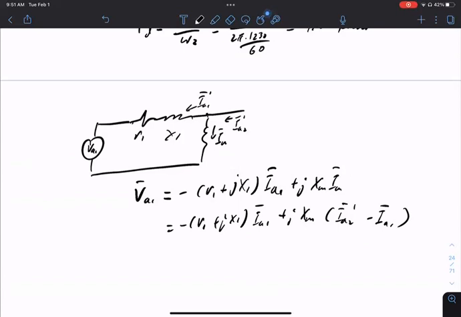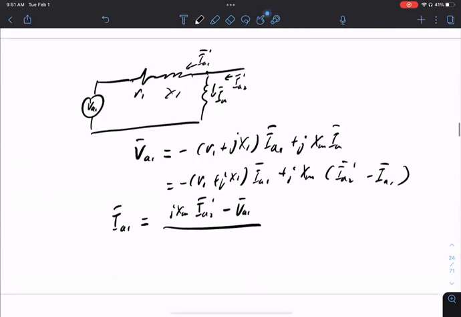Now we have an equation in terms of IA1. So rearrange this equation. We have IA1 as jXM IA2 prime minus VA1, divided by R1 plus j(X1 plus XM).